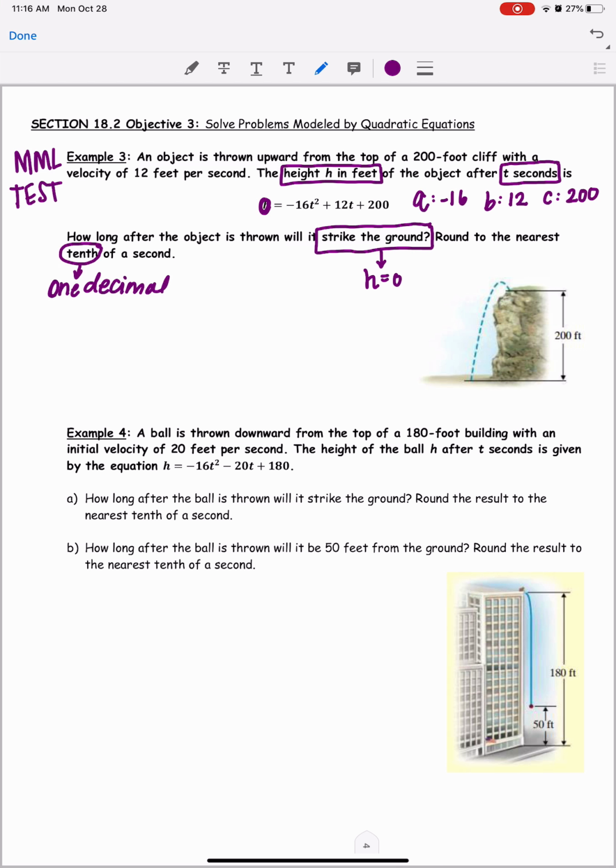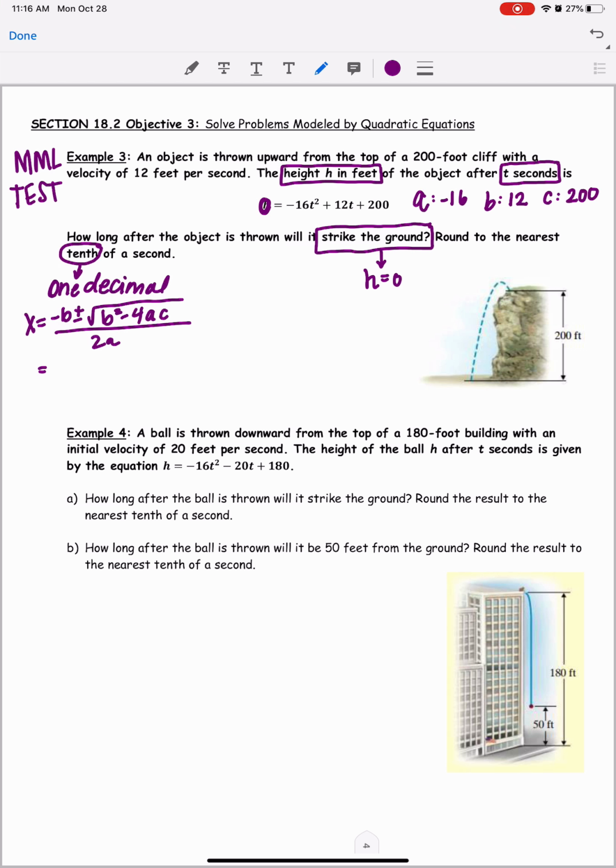So my formula, x equals negative b plus or minus the square root of b squared minus 4ac all over 2a. I'm going to just work down.